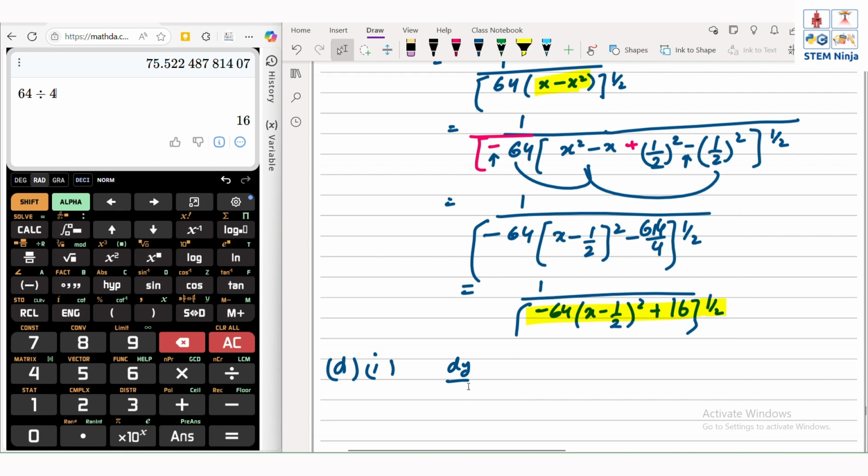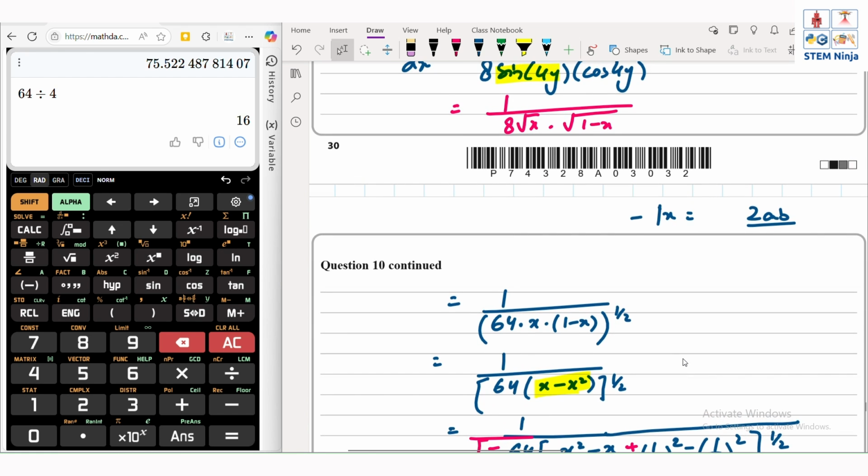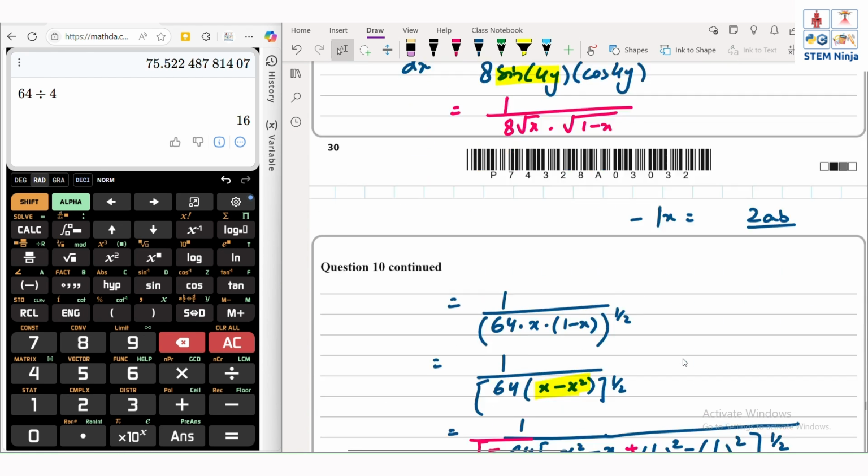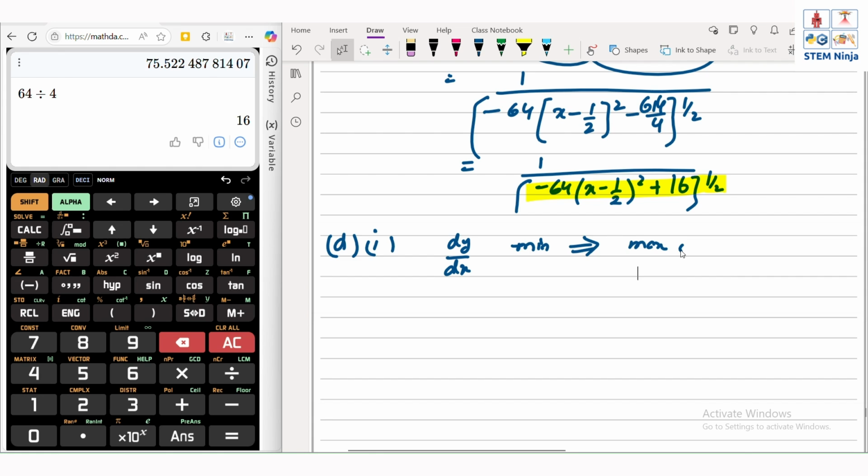So dy by dx minimum implies maximum of 16 minus 64 x minus 1 over 2 whole square. So we need to figure out where the maximum of this function is.